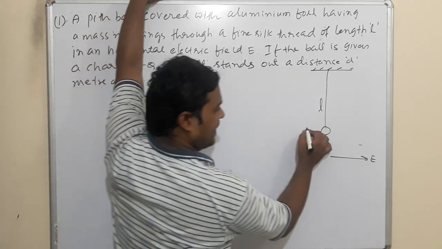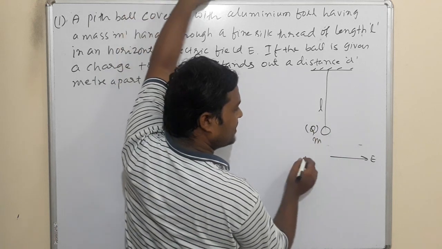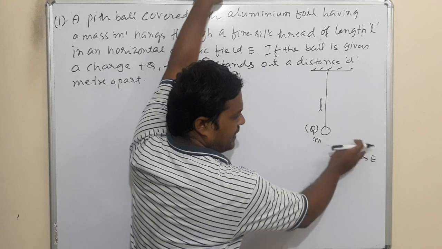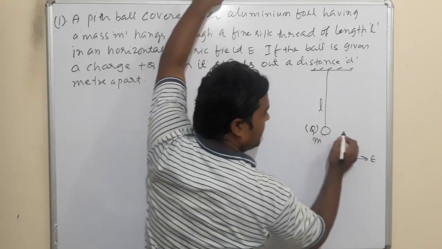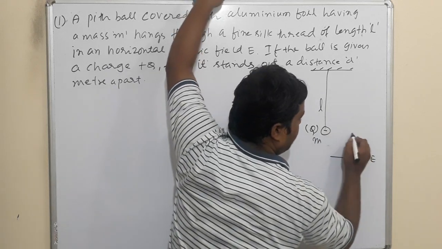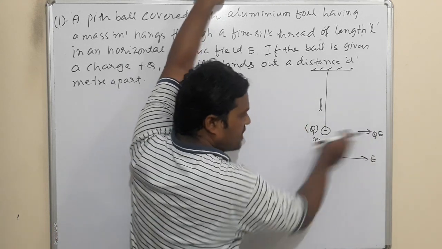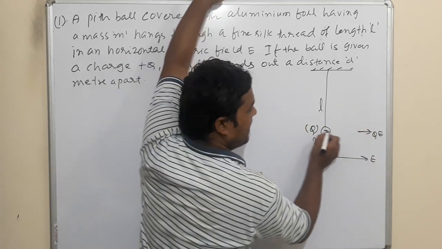When this is given a charge plus Q, because of the force acted upon by this electric field, it will exert a force QE on this. Because of this force, it is standing out.